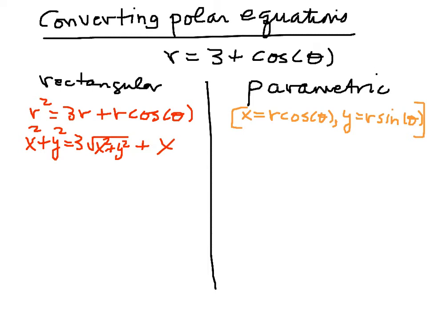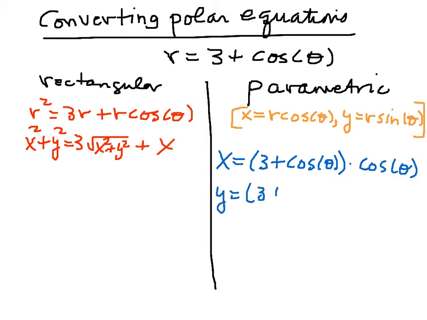So what that means is, given that r is equal to 3 plus cos theta, then we can write this in parametric form as x is equal to r, that's r, times cos theta, and y is equal to r times sine of theta.